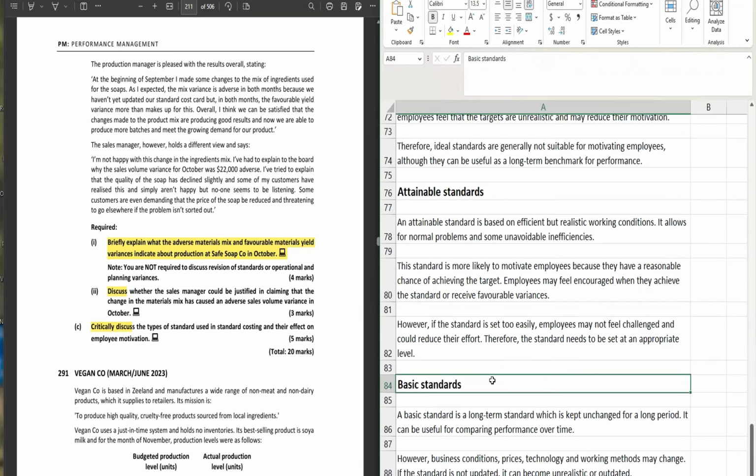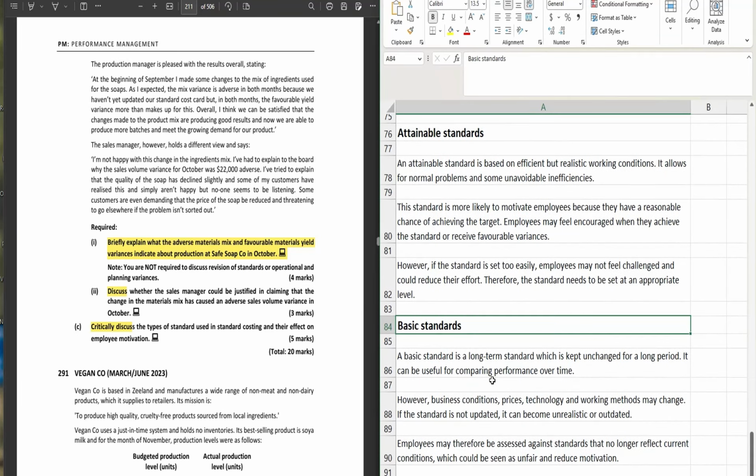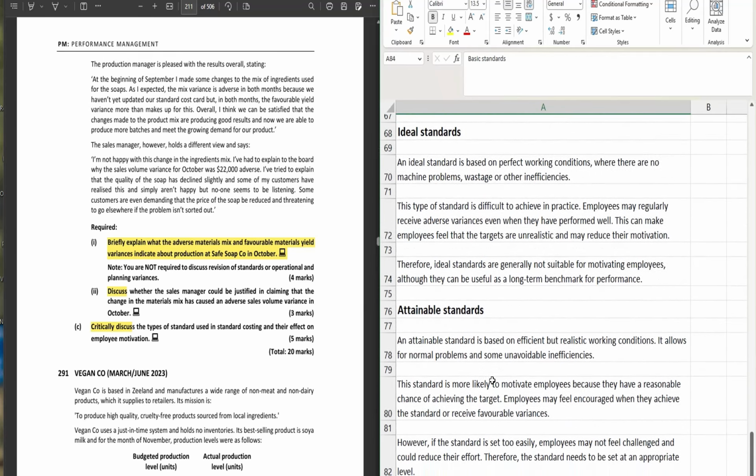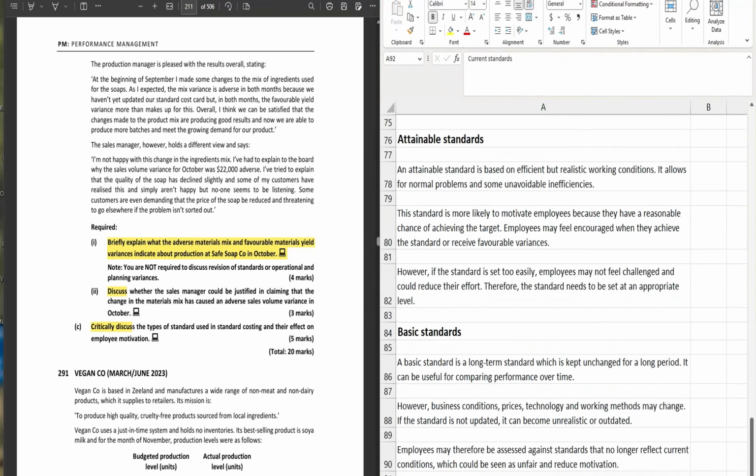Now for the basic one again. The basic standard is a long-term standard which is kept unchanged for a long period of time. So it can be useful for comparing performance from one time period to another.